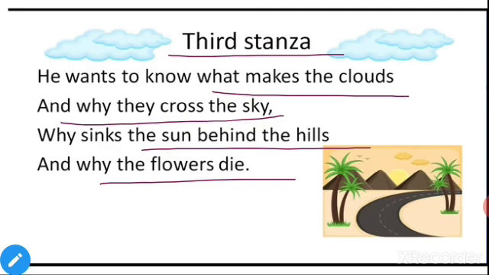He says that the boy wants to know what the clouds are made up of and why they move up in the sky, unlike all other things that move on the ground. He also wants to know why, at sunset, the sun disappears behind the hills. And what is the reason that the pretty flowers in the garden die all of a sudden?